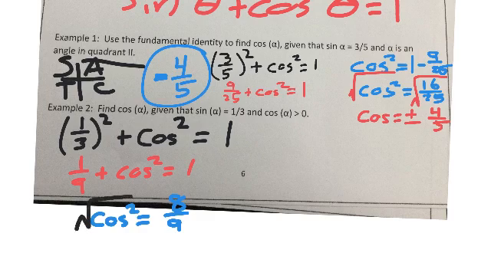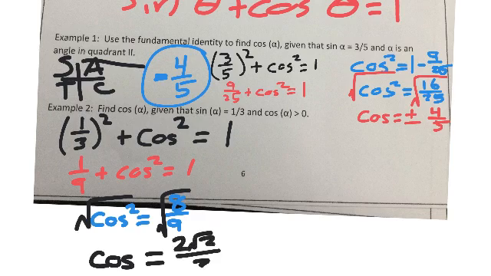Now take a square root of both sides. So that's going to give me cosine of the angle is equal to the square root of 8/9. That's going to be 2 radical 2 over 3. And again, we would have to account for the positive and negative possibility, but we know it's positive because we're in the first quadrant, and it tells me that cosine has to be positive. So my answer here is going to be positive 2 radical 2 over 3.